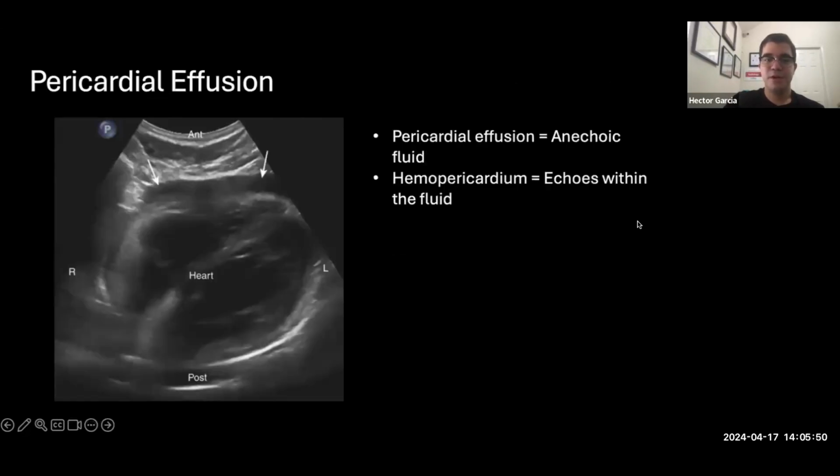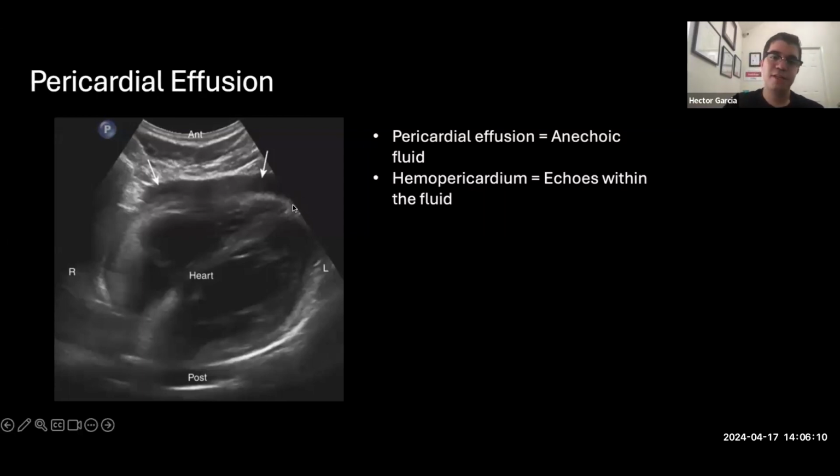Now, the next one is a pericardial effusion, where, as we can see here, there is effusion around the heart. For this, cardiac tamponade is one of the diagnoses that they like to test on exams. The muffled heart sounds, the electrical alternans.